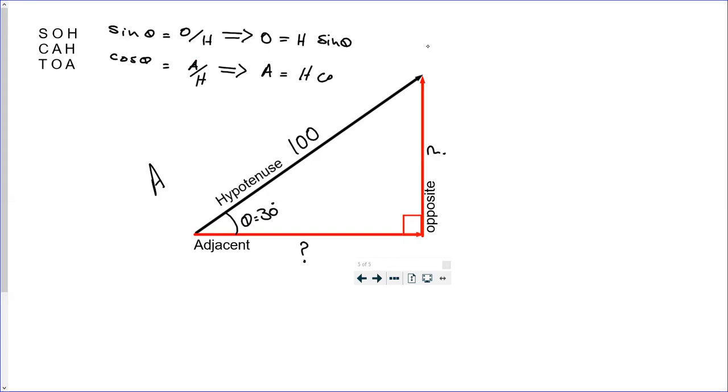Is that right? So when we use the values, opposite equals 100 sine 30, and the adjacent is 100 cos 30. That equals 50 and that equals 86.6.